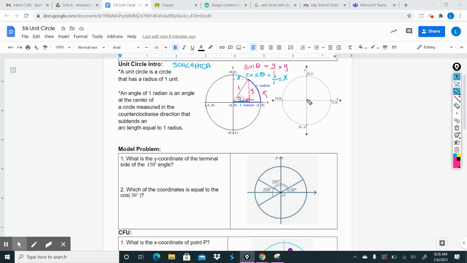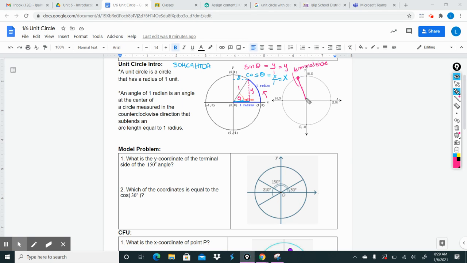Another thing to think about is if we have a point on our unit circle, say this point here, and we bring it towards the center of our circle. This is known as our terminal side. Terminal, because it's where it stops.